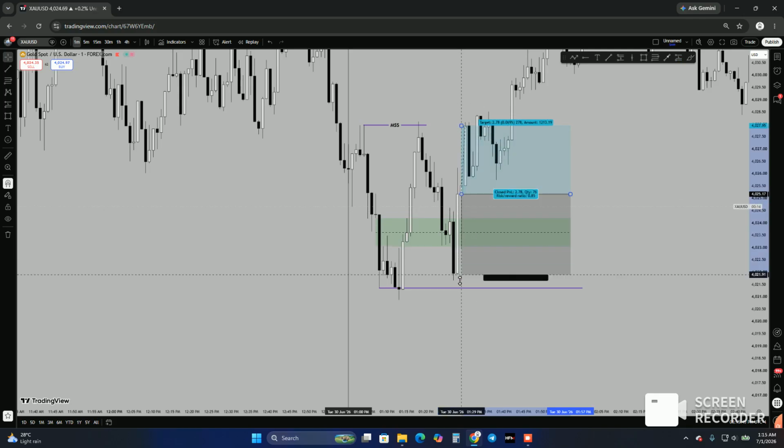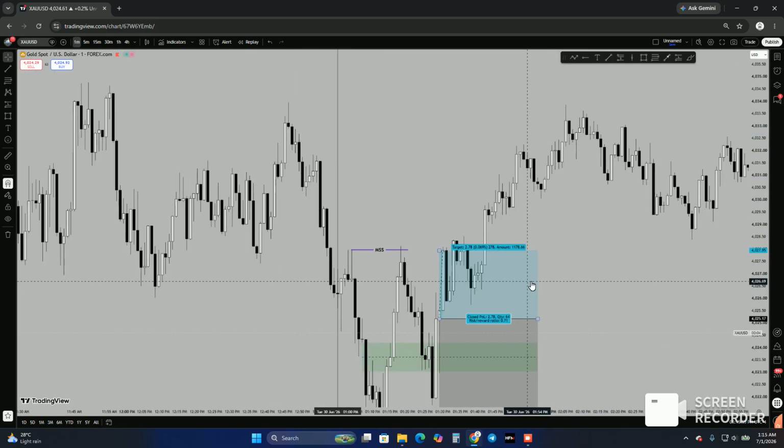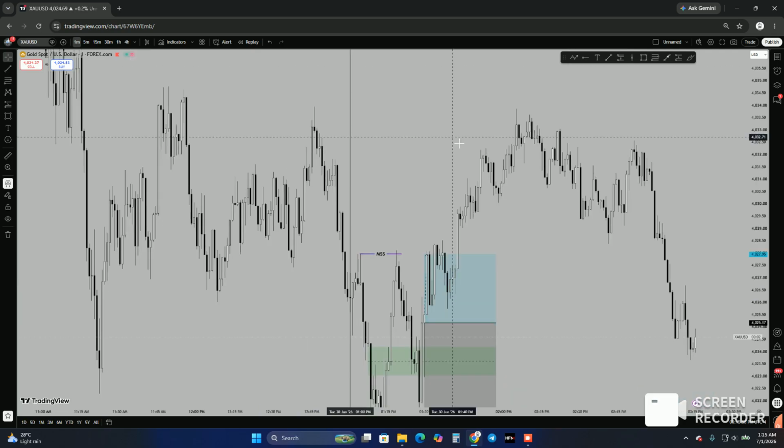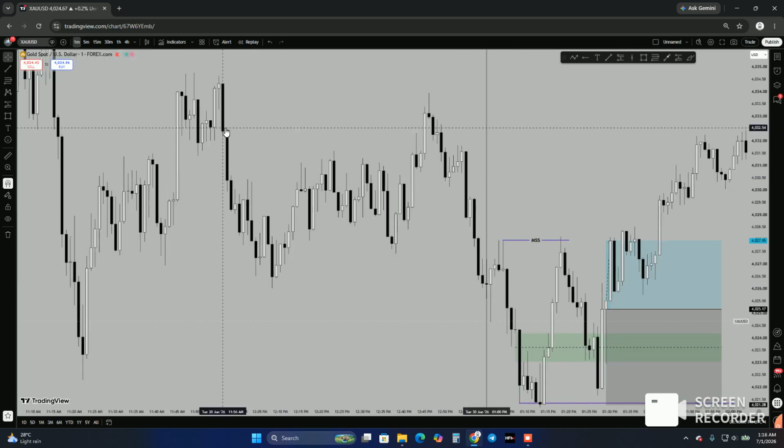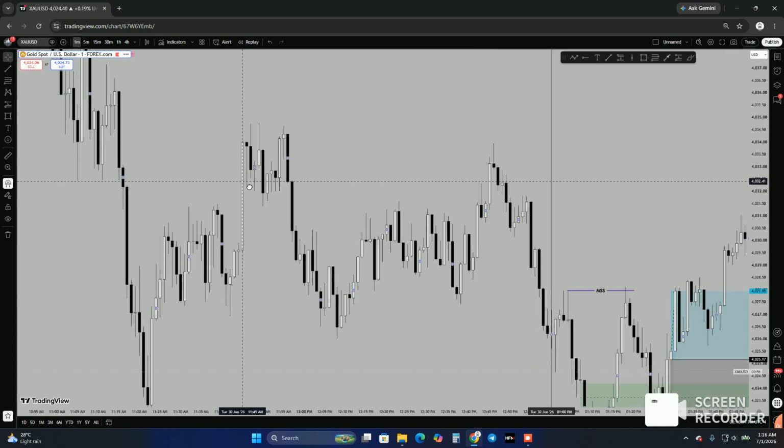Where is the stop loss? Stop loss should be that candle low, or you can take a tiny little low for the spread. Okay, so where should you take profit? 1156, 1145, 1130.